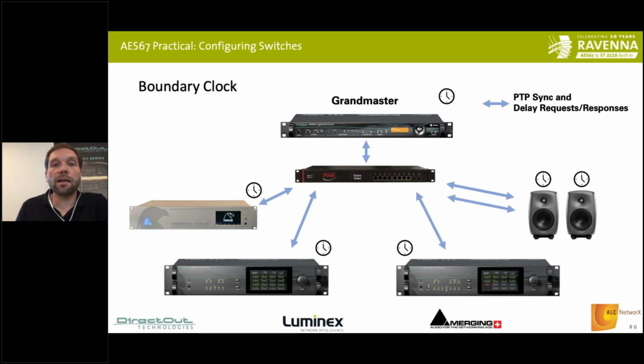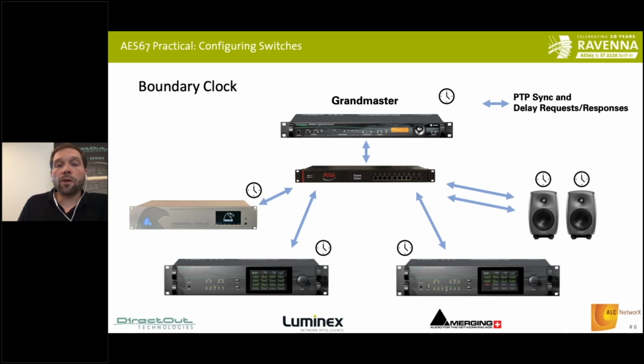So this is a good way to spread the load on the network and make the PTP synchronization easier, and help to spread the burden of handling all the delay requests.